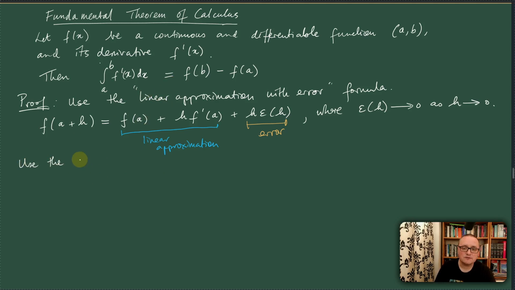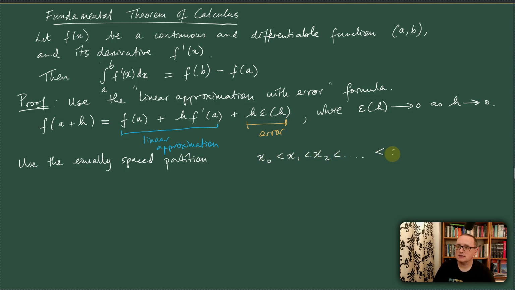So for a given value of n, we'll use the equally spaced partition x0 less than x1 less than x2, etc., less than xn, where this endpoint xn is b, the first point x0 is the point a, and the intermediate points xi.